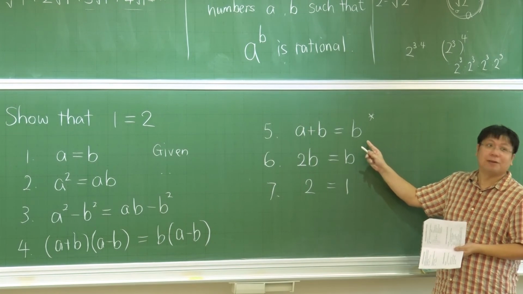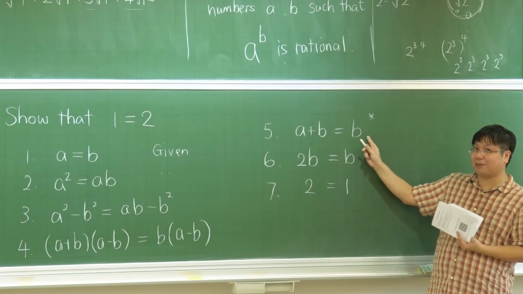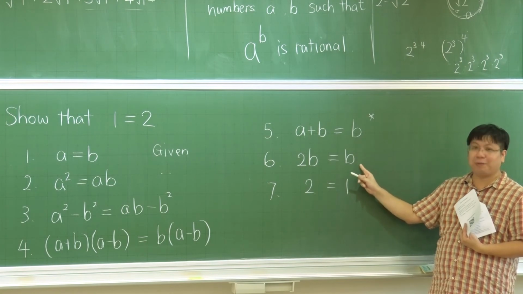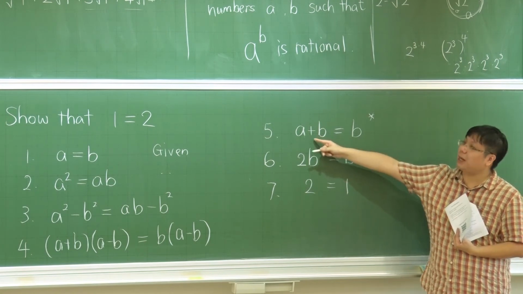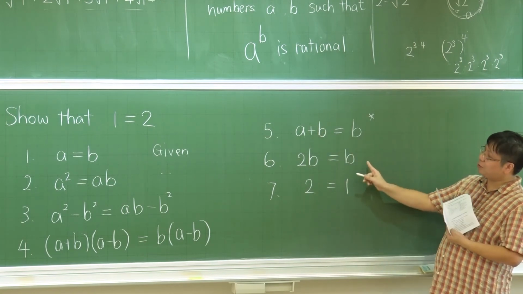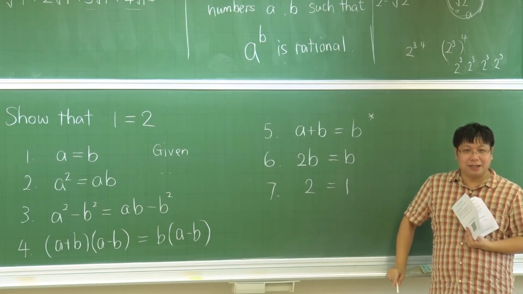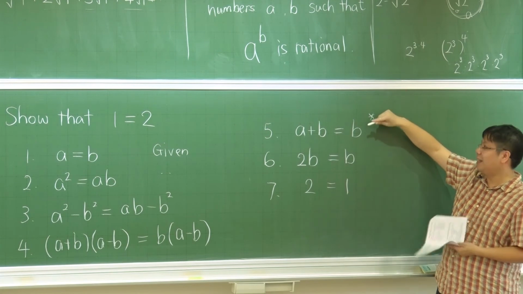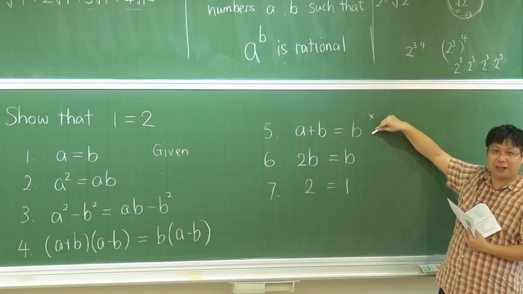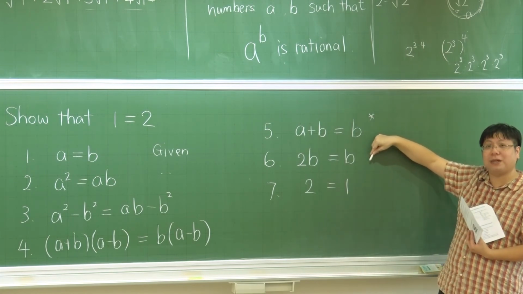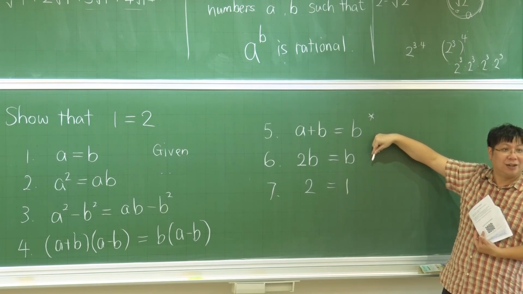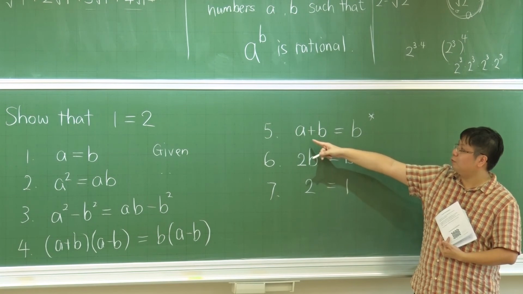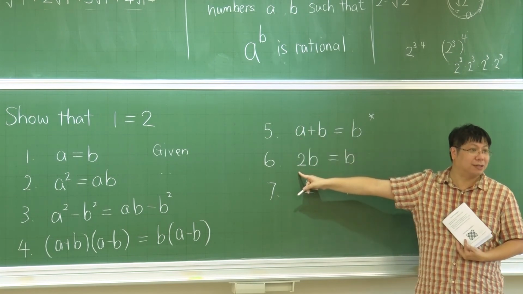Now we can still continue. Assume that this is still correct. Is it wrong to make this into 2B equals B? So assume that A plus B is really equal to B. Is it wrong to make it into 2B equal to B? No, nothing wrong, because if this is correct, then this has to be correct.